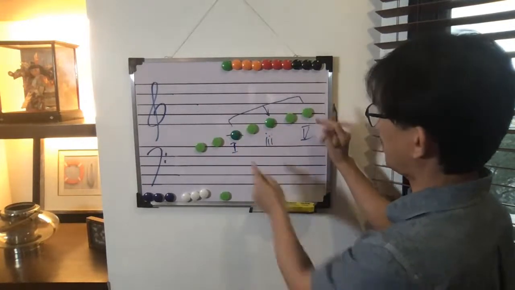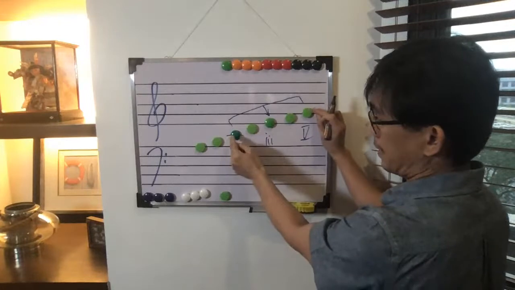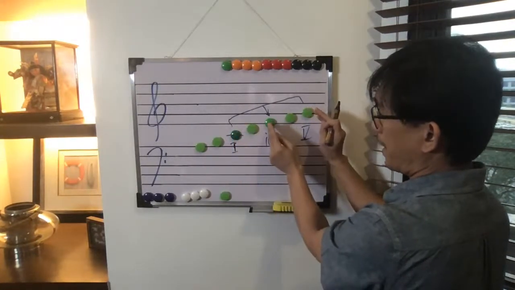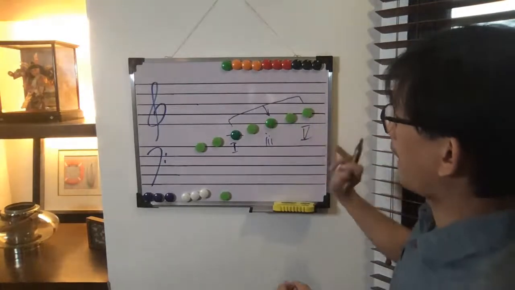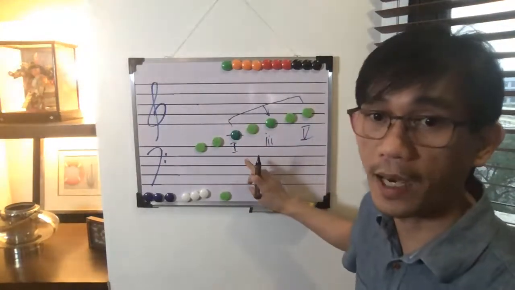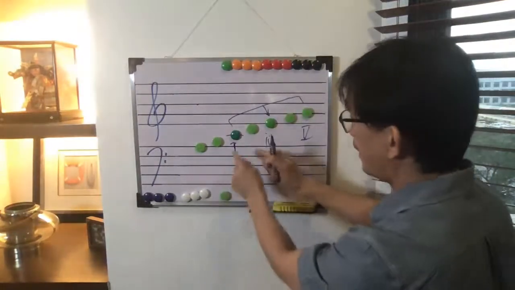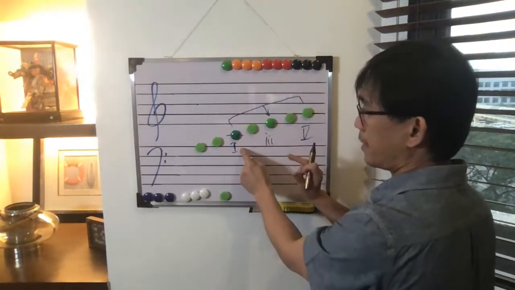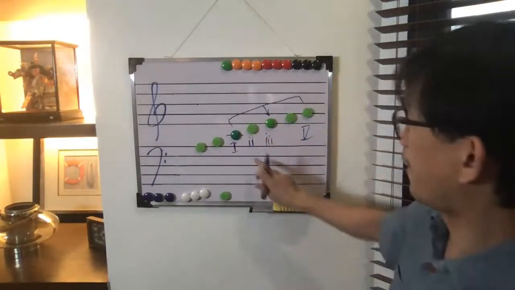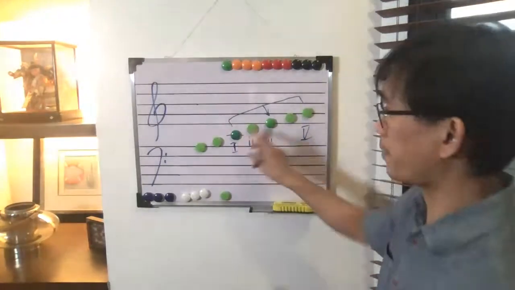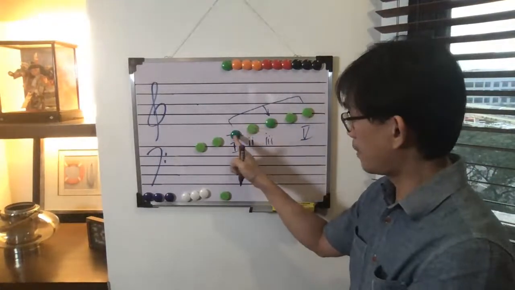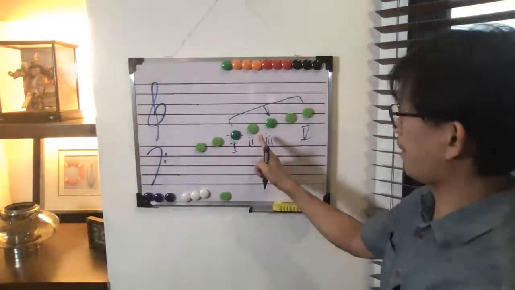Then, since this note is one note higher than the tonic, we call it supertonic. That's why it's called supertonic, because it's higher than the tonic.